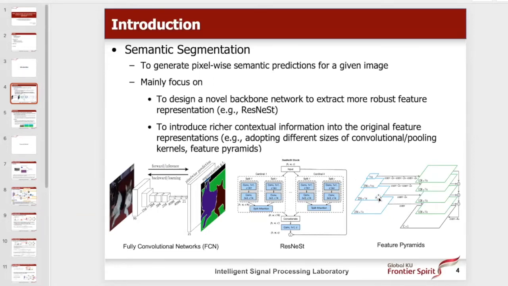The second one is that authors try to introduce richer contextual information into the original feature representations. For example, we can adopt different sets of convolutional kernels or use feature pyramids to get multi-scale feature maps. And here is an example, the feature pyramids. The second one is also the interest of this paper.